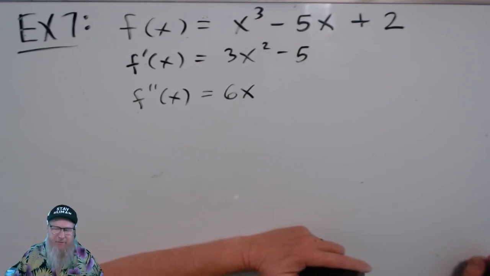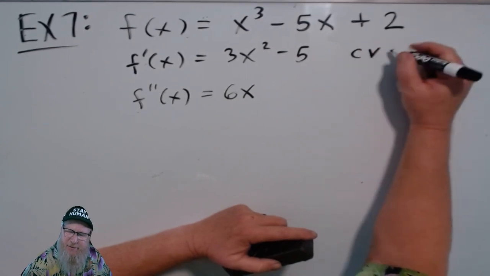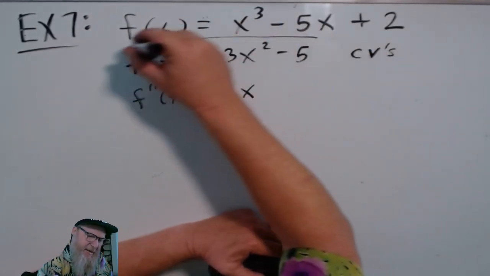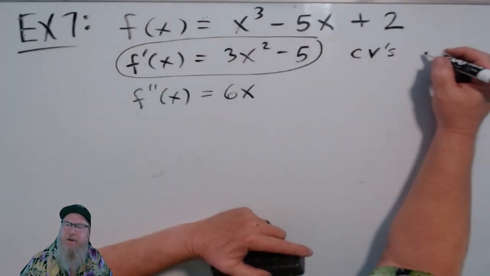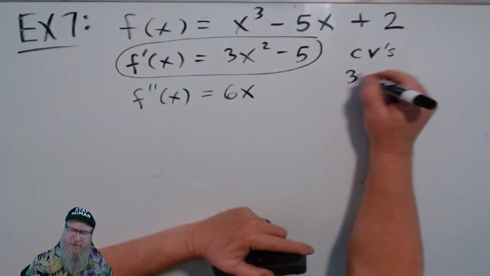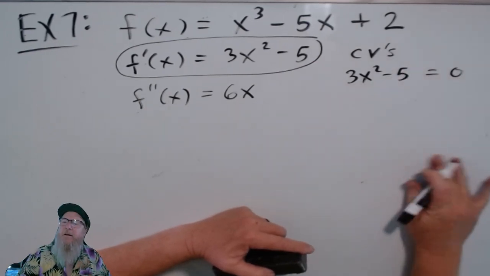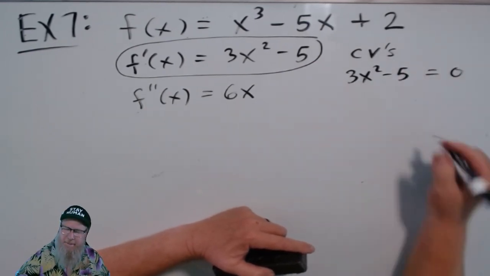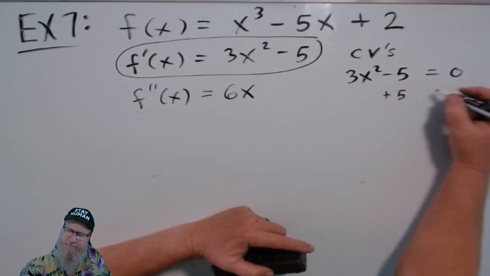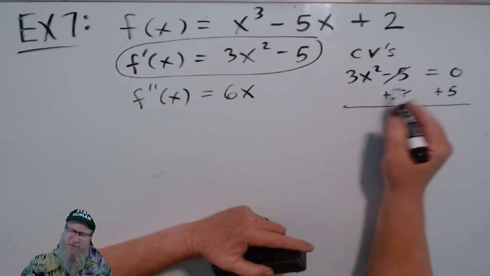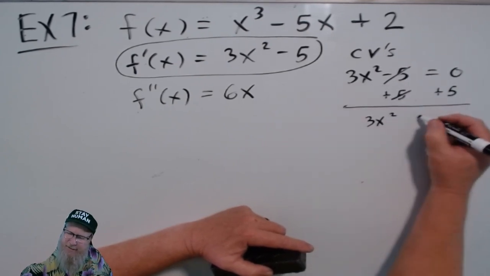All right, so let's find the critical values. Critical values, we set the first derivative to 0. There's several possibilities that could happen here.